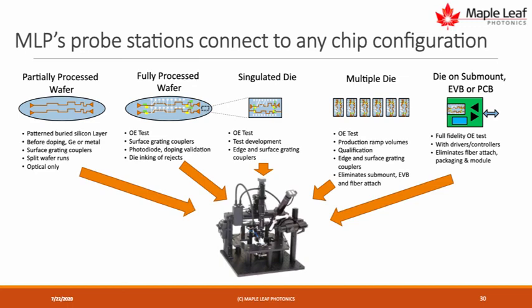And all of these can be integrated on an eval board or a PCB, and the optical probe station, when it's configured correctly, can allow you to have optical access to this as well. And so again, you don't have to have the fiber attach or invest in packaging or a full module in order to adequately characterize the part.